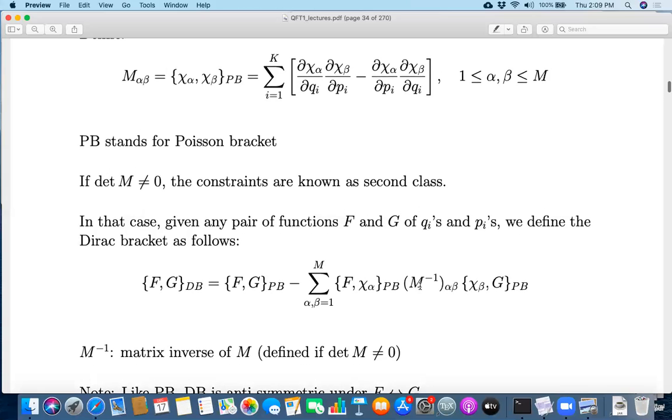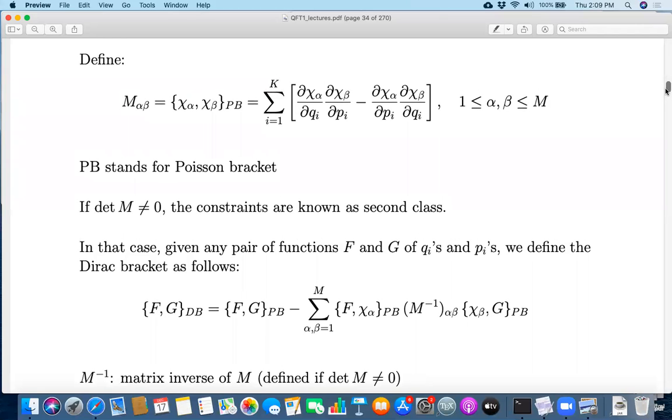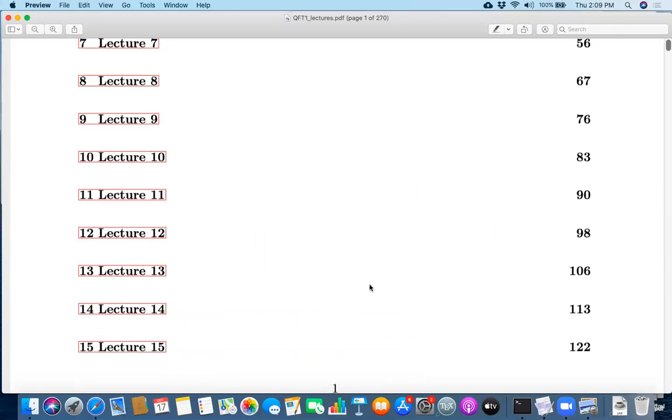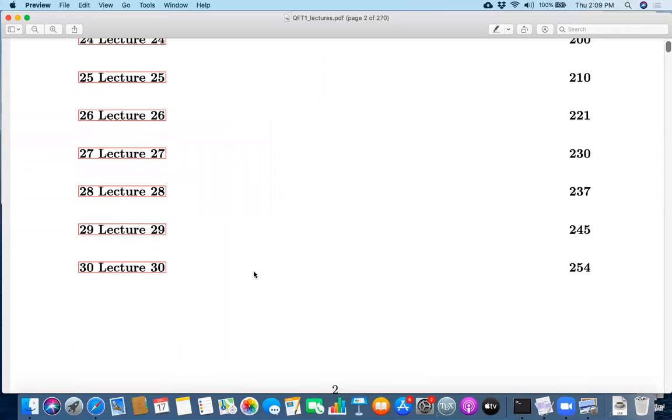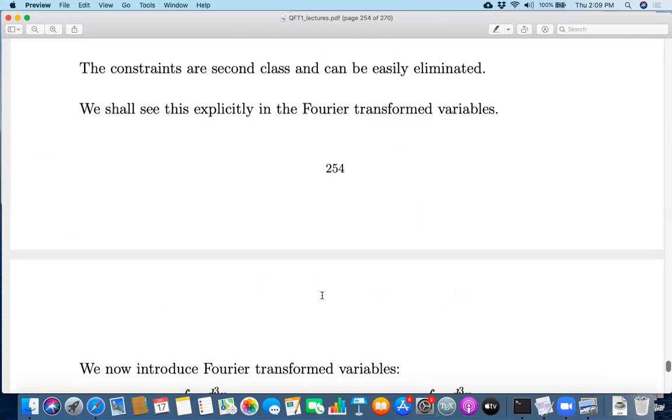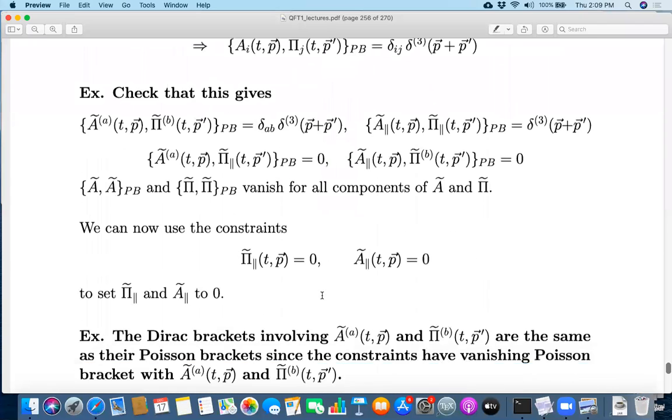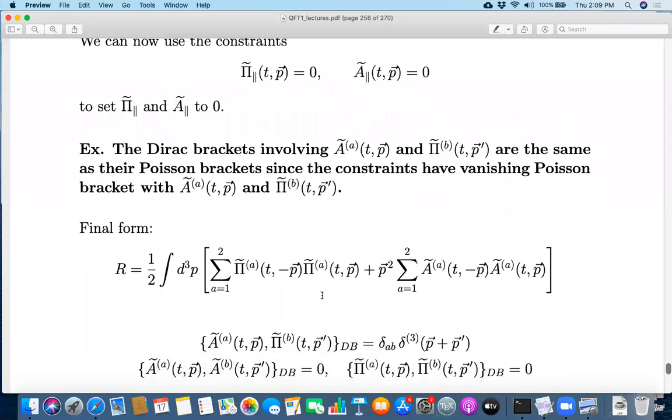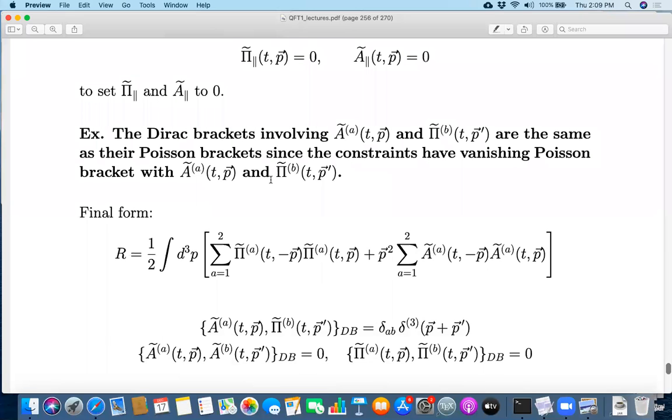So this term is identically 0 when you calculate the Dirac bracket between A tilde a and pi tilde a, or A tilde a and pi tilde b, or A tilde a and A tilde b, etc. The Dirac bracket just becomes equal to the Poisson bracket, and that's what we have said here: the Dirac brackets are the same as the Poisson brackets.